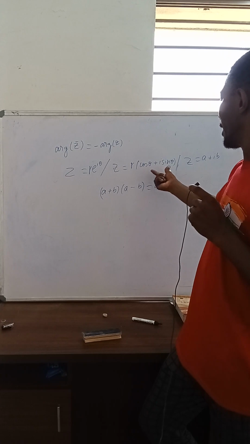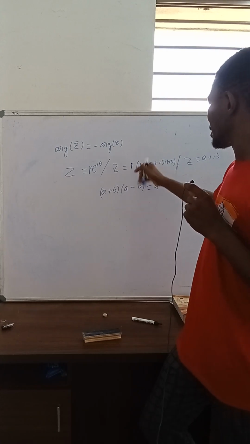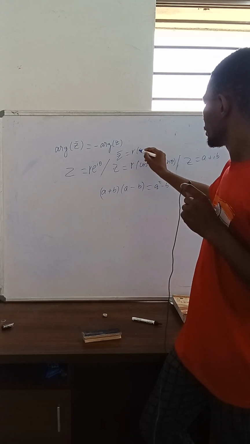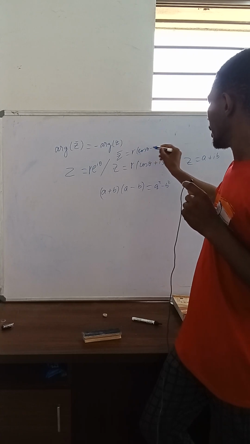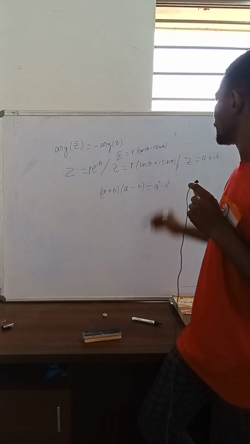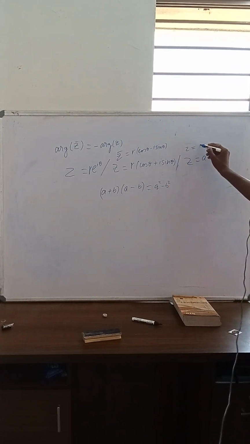So the same will happen here. If I want to find the conjugate of this z, it will be r cos theta minus, instead of plus, I sin theta.